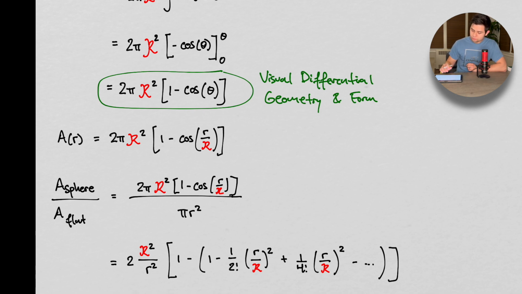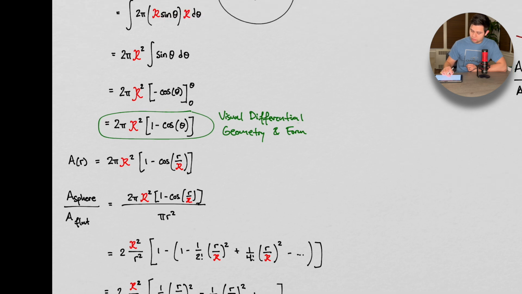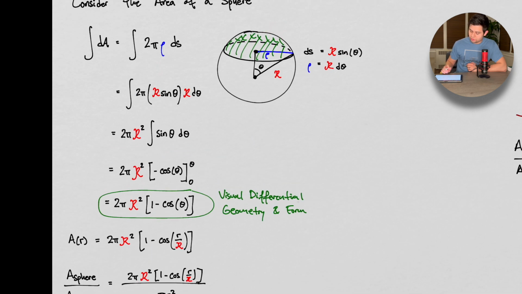But anyways, this is a general formula for finding the area of not the sphere, but this area right here that we've put in green.